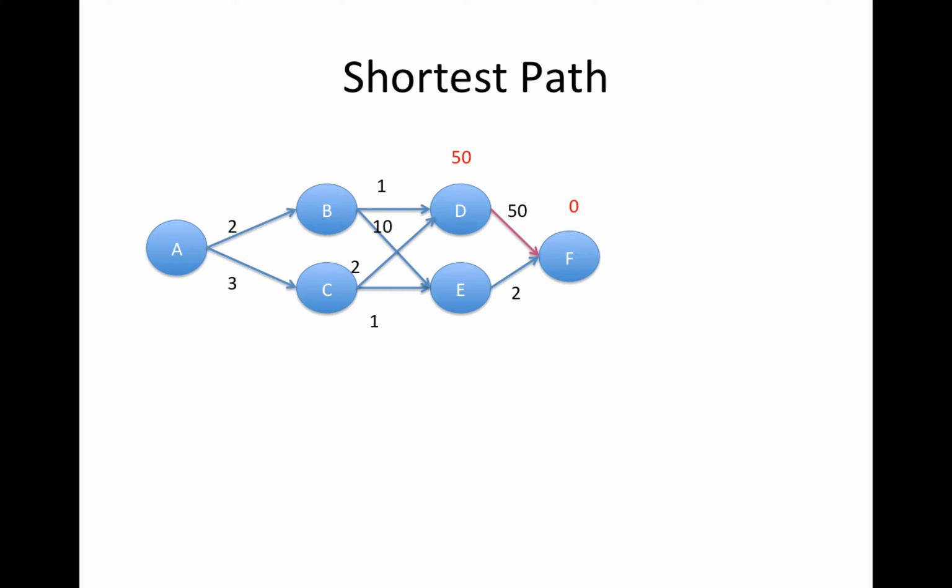Again, the cost to go from E to F, there is just one path to go from E to F. So clearly the cheapest way to go from E to F is 2.